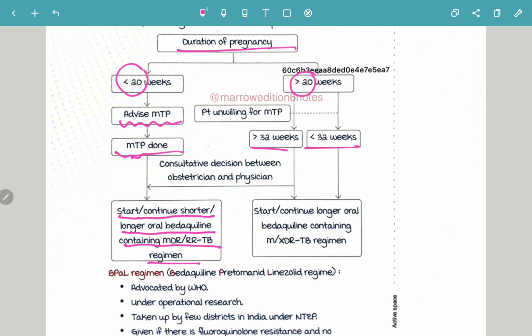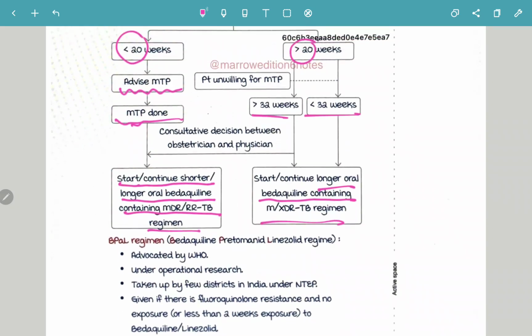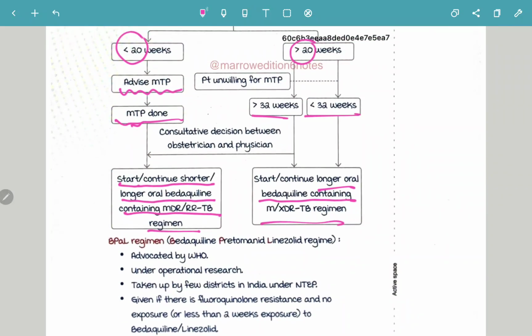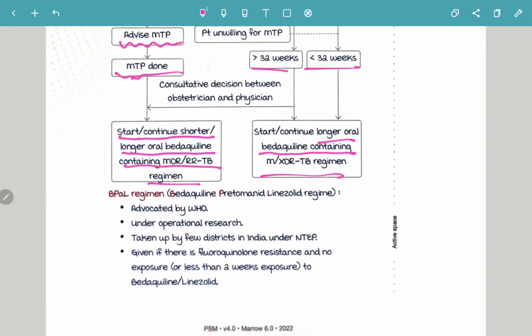There is going to be a consultative decision between the obstetrician and the physician, and then you need to start or continue the longer oral bedaquiline containing MDR or XDR TB regimen. If less than 32 weeks also, you need to do the same. More than 32 weeks also is the same.